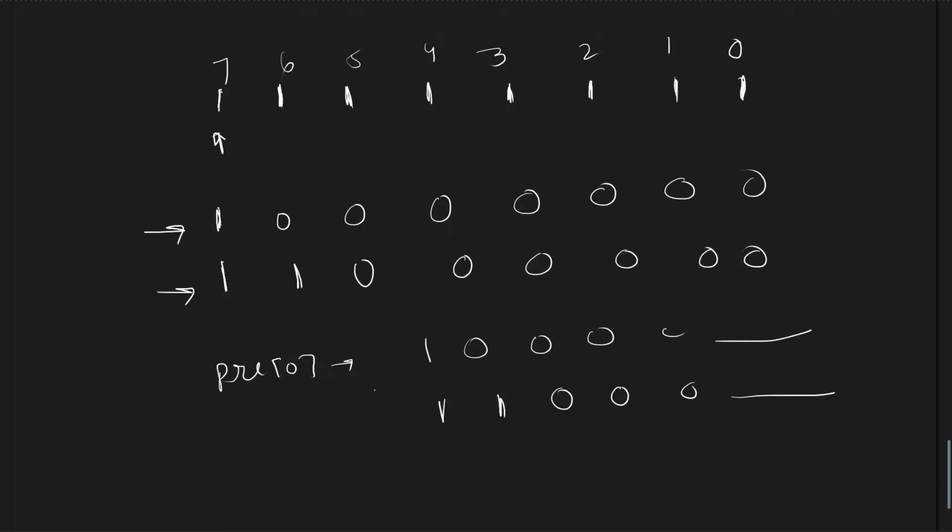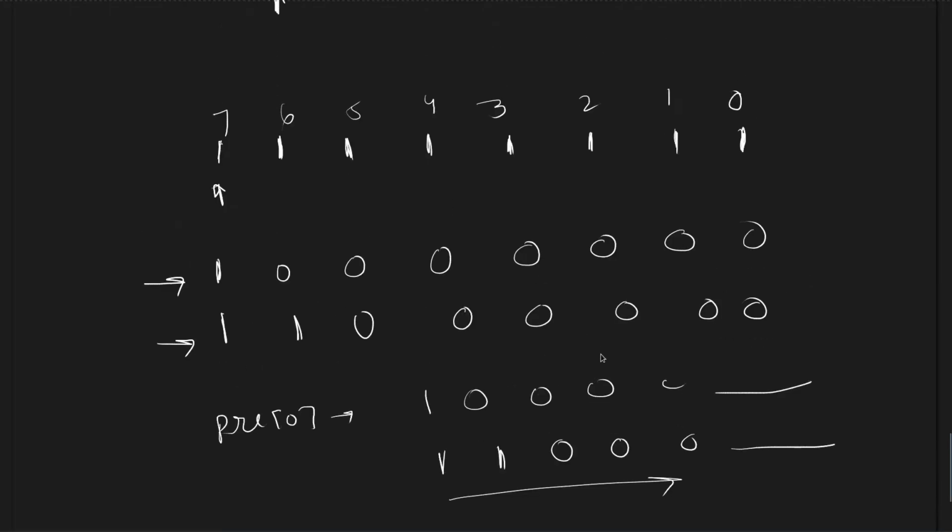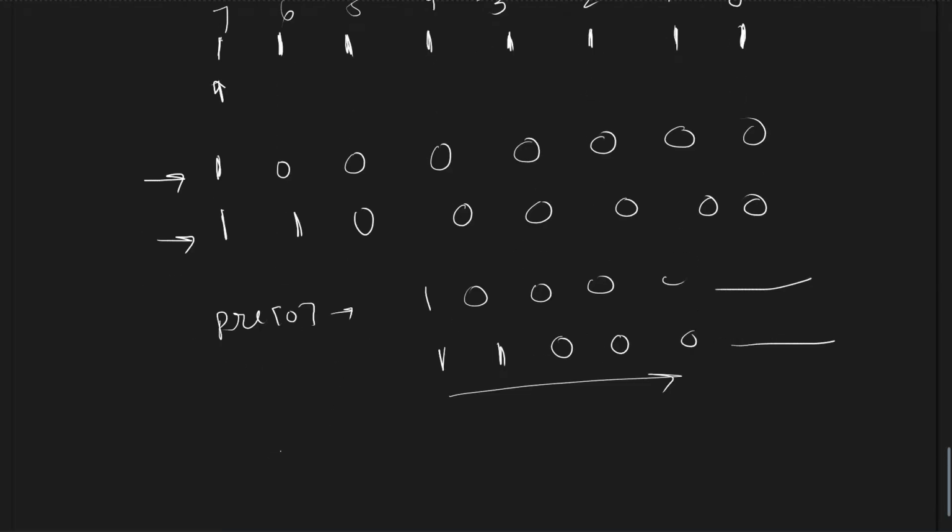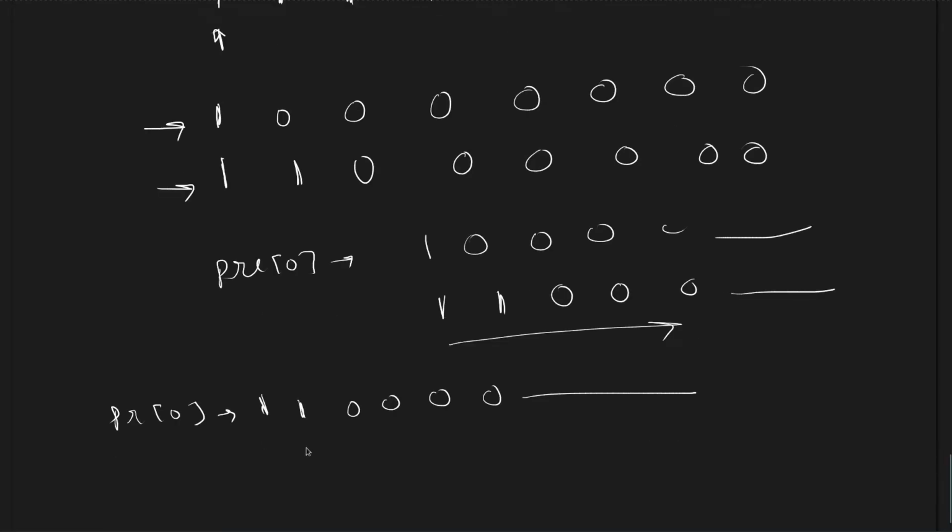So obviously it is better to take the second element here, right? Once we take the second element, the value of pre of 0 would be something like this. This is the value of pre of 0.